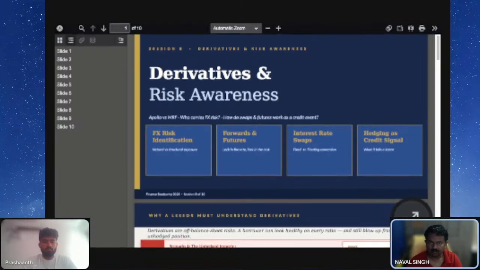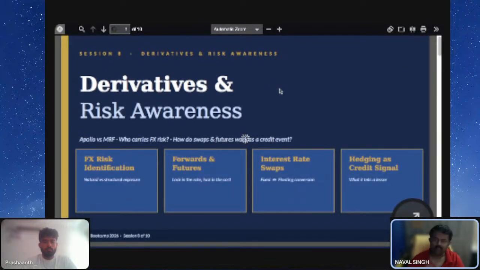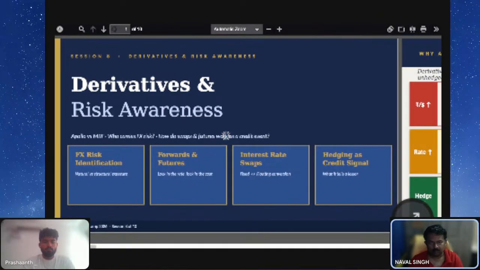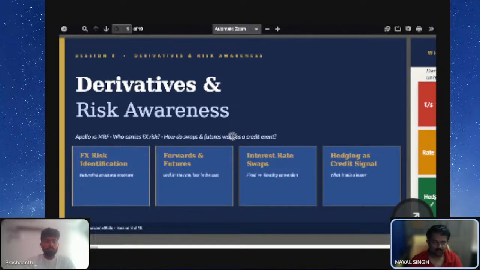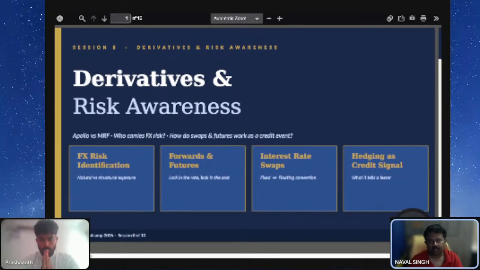Okay, so the impact here is that if the company has ensured that its exposure to fluctuation in currency is managed, so that any currency or foreign exchange volatility does not impact them, then that company can survive in a tough or volatile market.